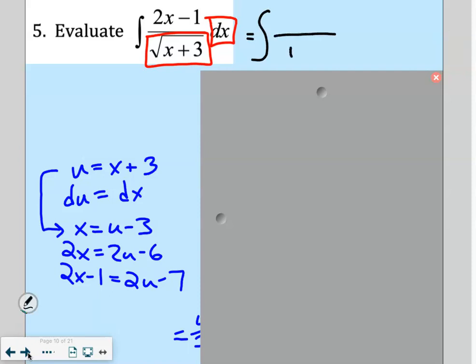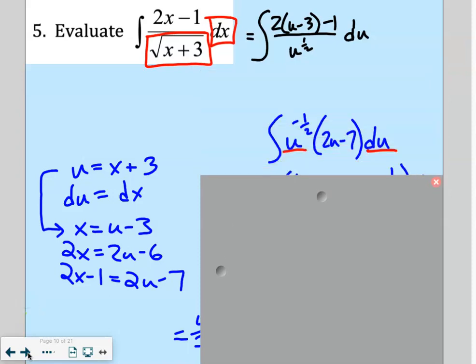So bottom, that's u to the 1/2. This is du. And then I would just put 2 times what is x, u minus 3, minus 1, and then clean it up. So however you get it, this ends up equaling 2u minus 7, right?